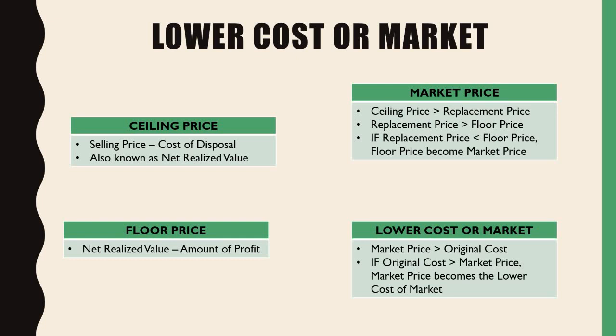The question is, what is the maximum amount that you can charge versus the lowest amount you can charge? Think of it like an actual room: if you have a ceiling, that's the maximum. You can't go above the ceiling. And when you hit the floor, you can't go below the floor, and everything is in between. So that's how we understand ceiling and floor price: what's the highest I can charge and what's the lowest I can charge?